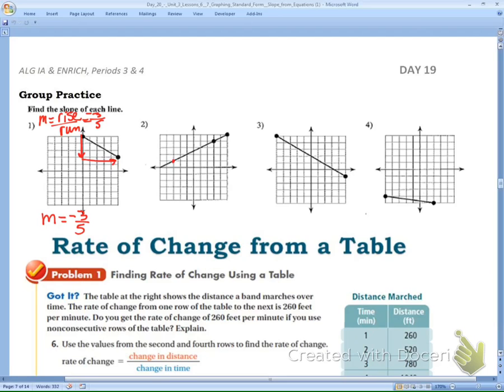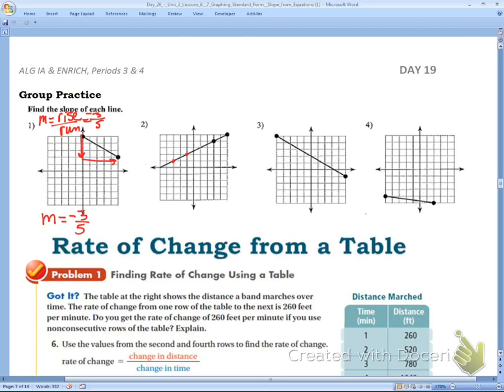For example, right here is another spot where the line intersects grid points. Can you find any more? Maybe right here. There's another point where it intersects grid points. Do you see, you would not choose this point right here because it's not intersecting both a horizontal and vertical grid point.